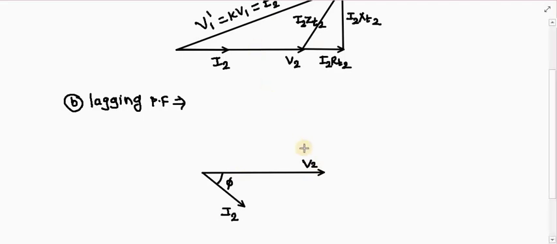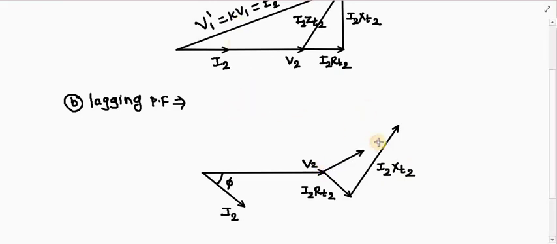Then there is drop in RT2 of your approximate equivalent circuit referred to secondary side. So that drop, that is I2 RT2, will be in phase with I2. Then some drop will take place in the XT2. So that is nothing but your I2 XT2, which is leading I2 by 90 degrees.